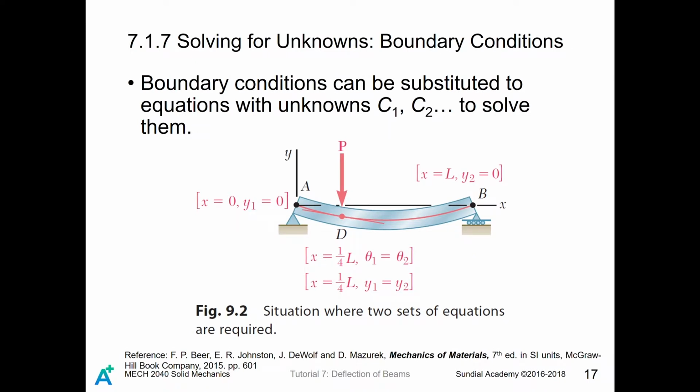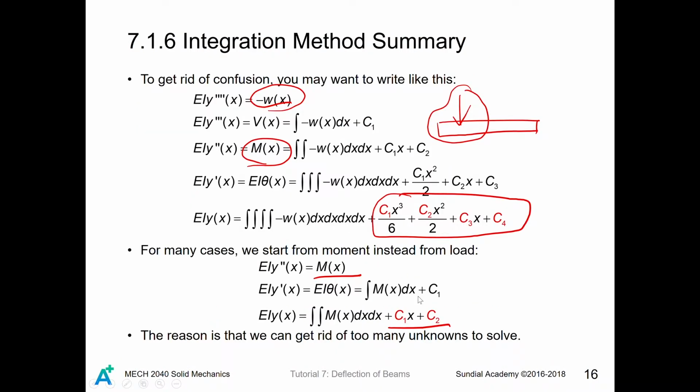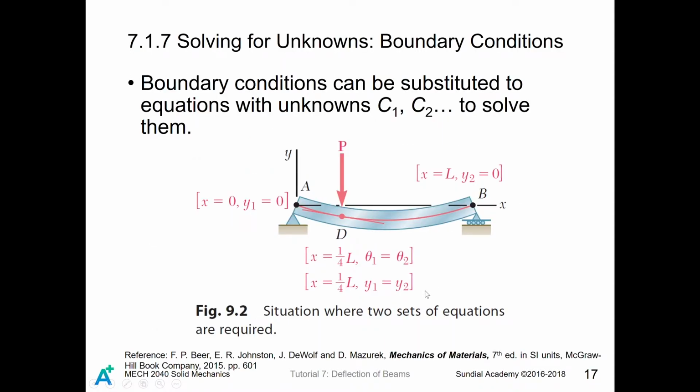So as I introduced just now, when we solve for the unknowns, say C1 and C2, we will use the boundary conditions. In this course, we often deal with several boundary conditions. The first is the simply supported end.